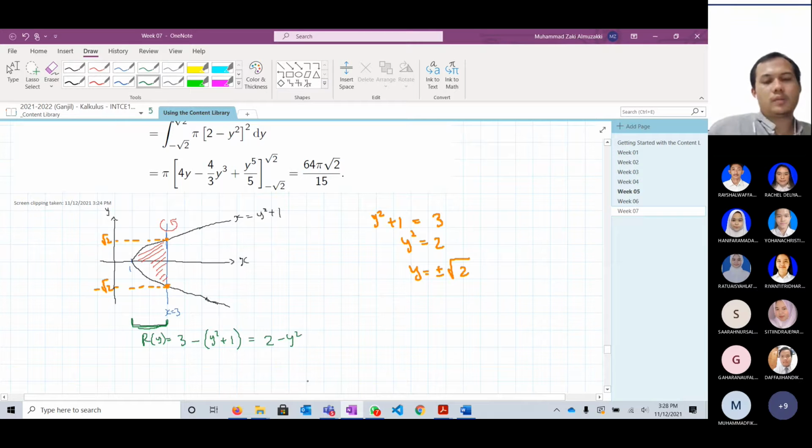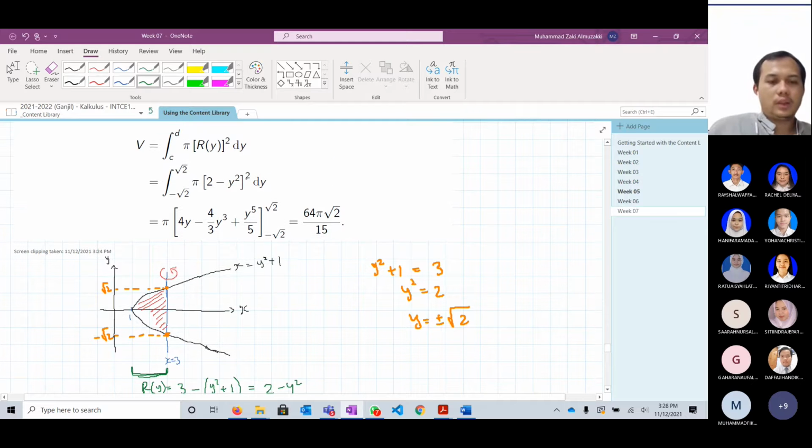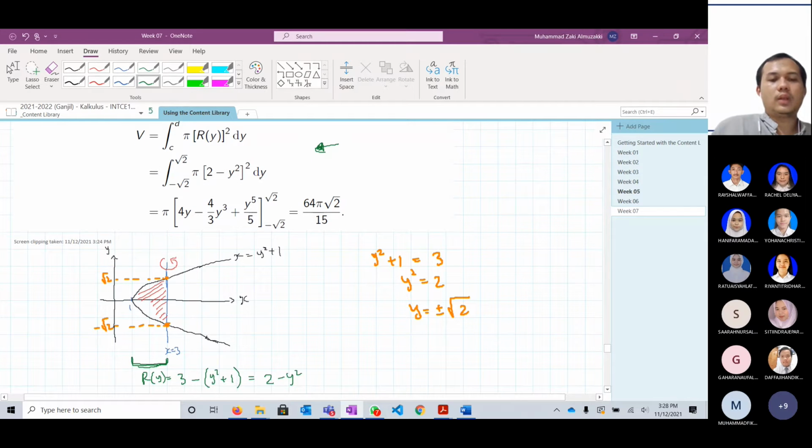So finally, we compute the volume, the limits of integration between minus square root of 2 and square root of 2, and the integrand is pi times the radius squared, where the radius is 2 minus y squared, dy.